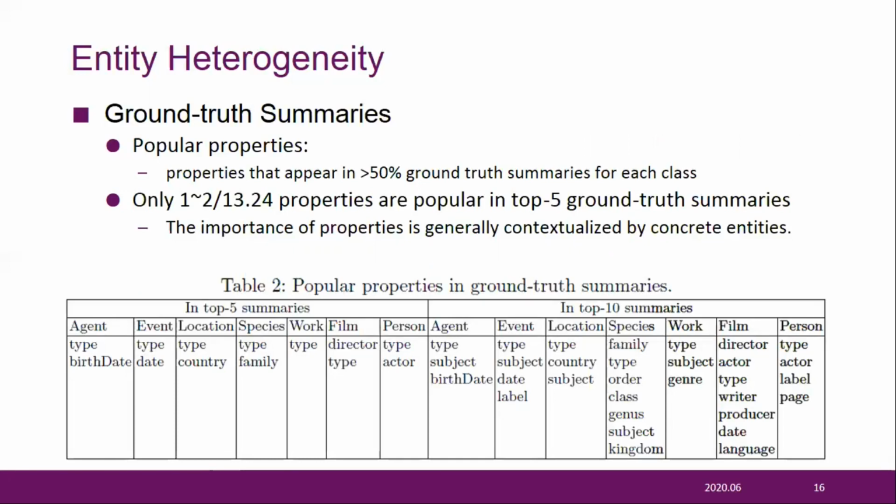We found that among 13.24 distinct properties describing an entity, only 1 to 2 of them are popular in top 5 ground truth summaries. It means the importance of properties is generally contextualized by concrete entities. Therefore, it would be unrealistic to generate good summaries by manually selecting properties for each class.